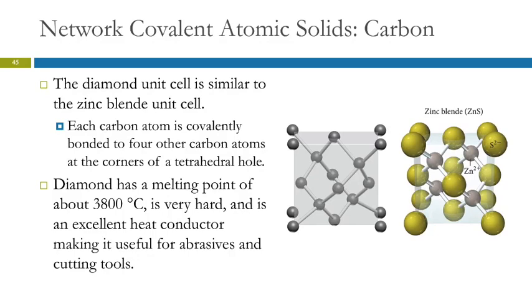So you need something that can withstand high temperatures. It needs to be harder than the thing that you're cutting. And being an excellent heat conductor is also helpful because it can help conduct the heat away from the surface that's being cut or polished. Any questions?